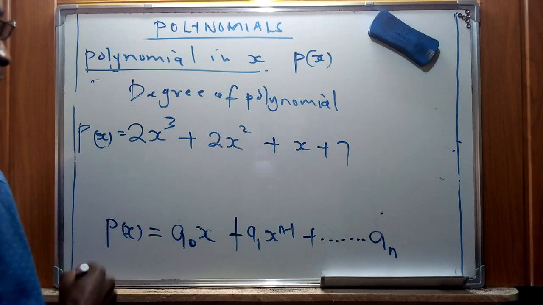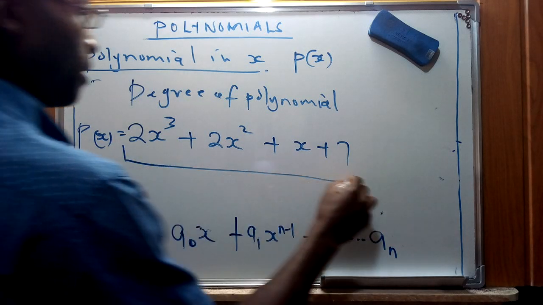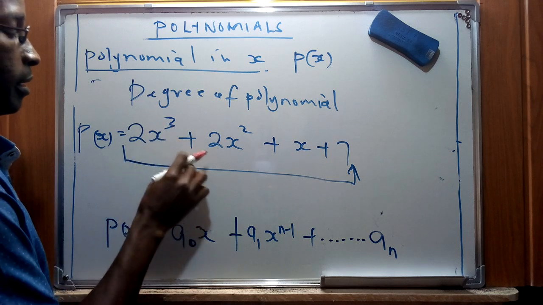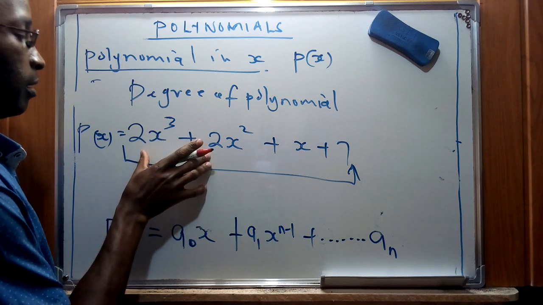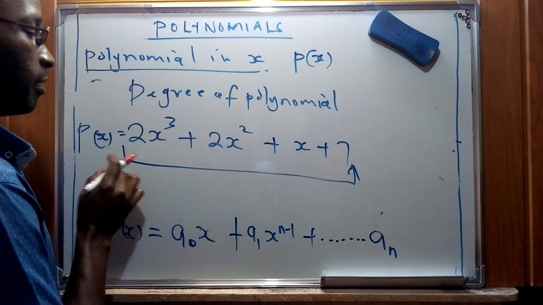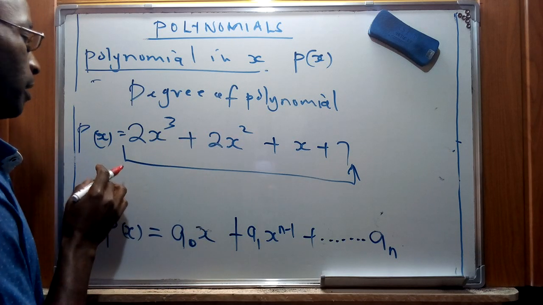In this example you can see that x has been raised to power 3. We ignore the coefficients in this case and consider the exponents appearing in this polynomial.